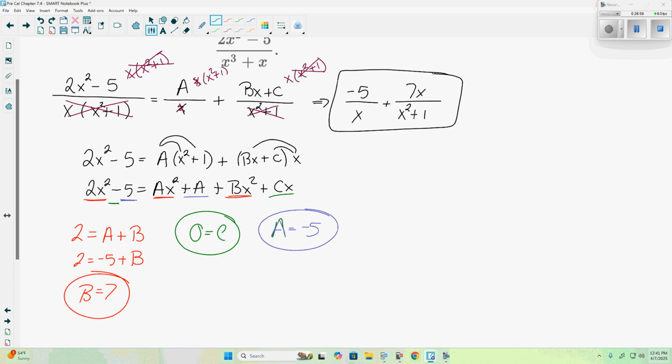Well, it'd really be 7x plus 0. No reason to write plus 0. We can just say 7x. And there's nothing restricting us from having the value b be 0, because we could have 0x plus 7, or just 7 over our x squared plus 1.